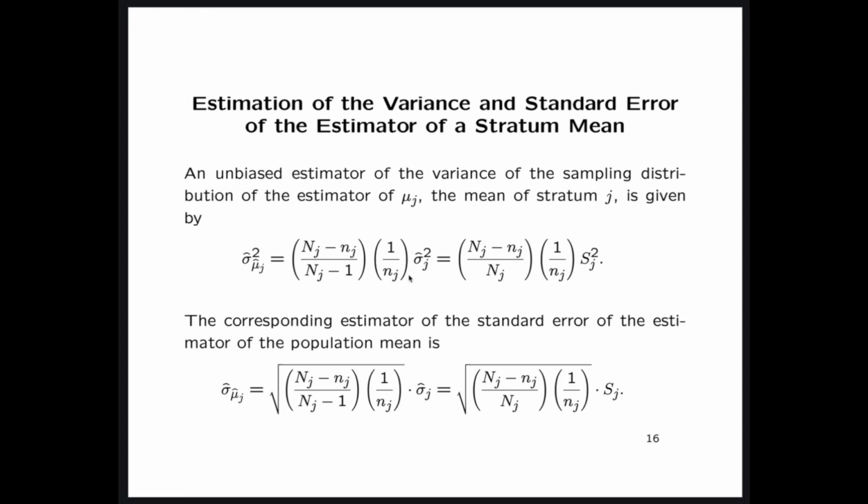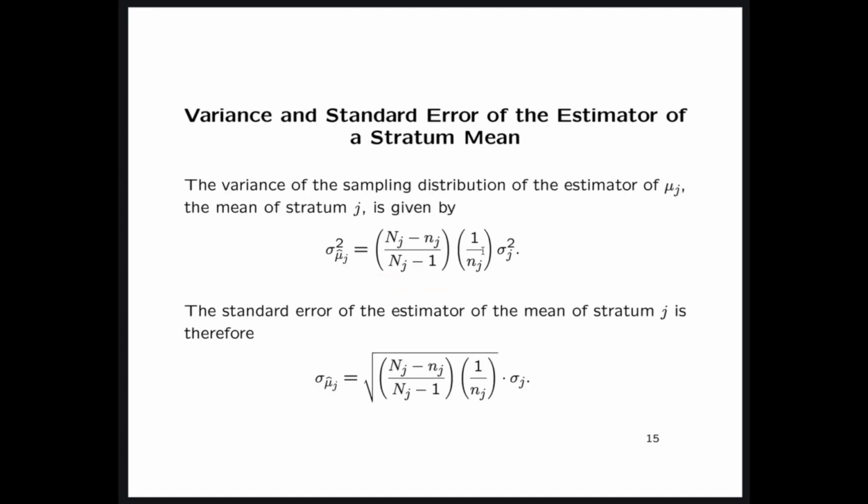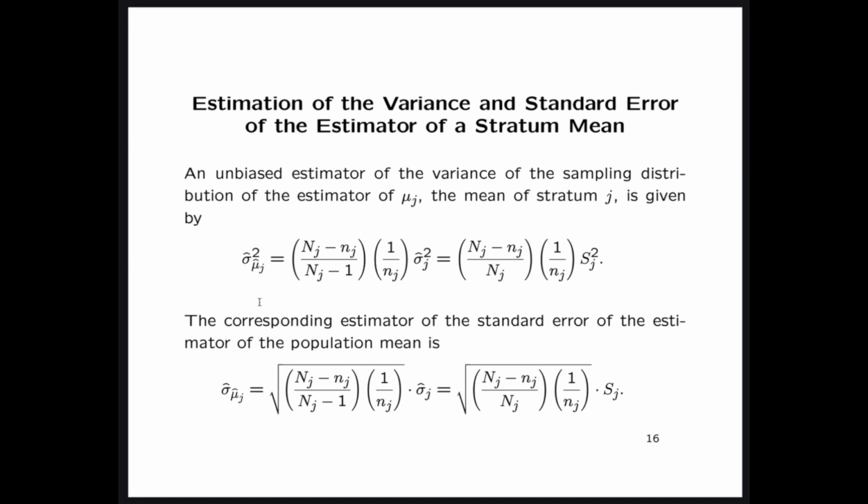That's given by sigma hat squared sub j, and we just plug that in to the formula on the previous slide. Okay, and so sigma hat squared sub mu hat sub j, the estimated variance of mu hat sub j, is given by either of these expressions.